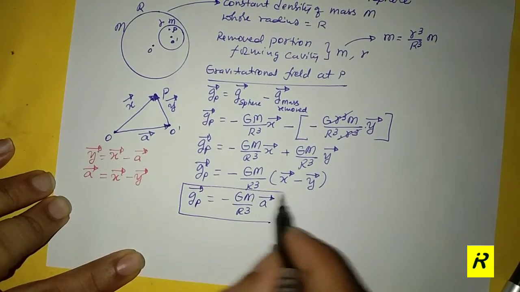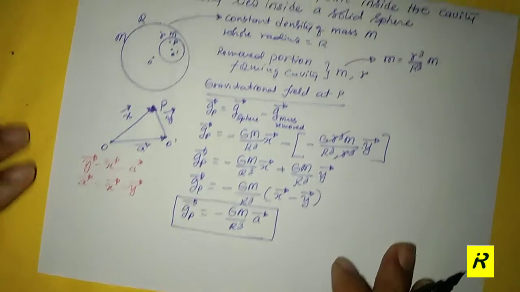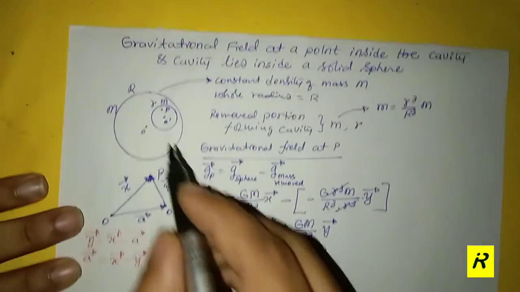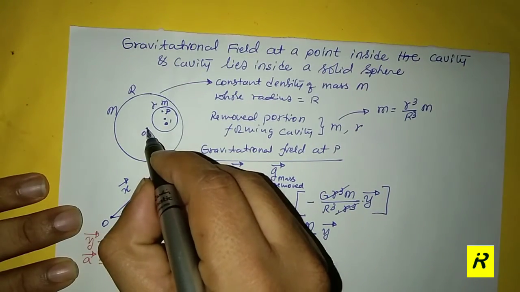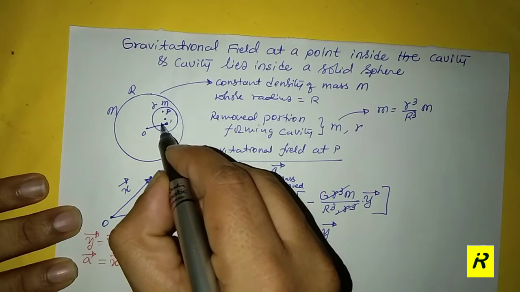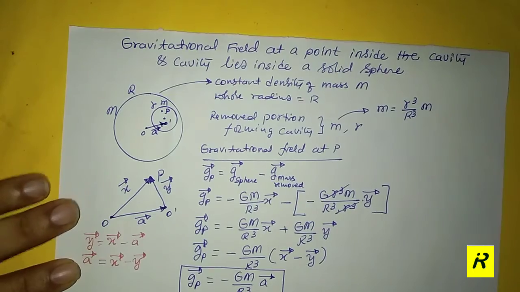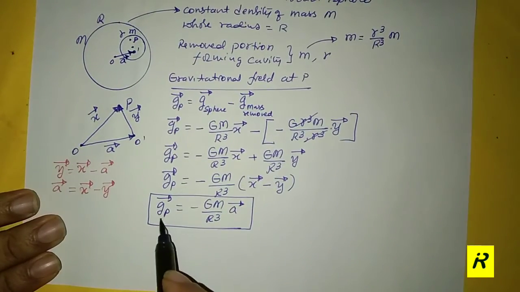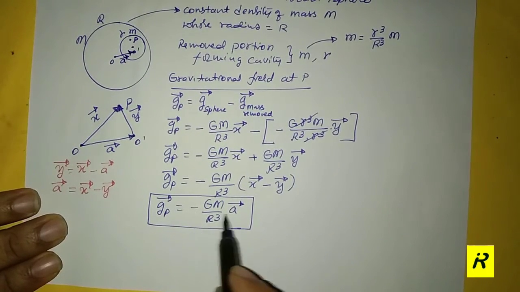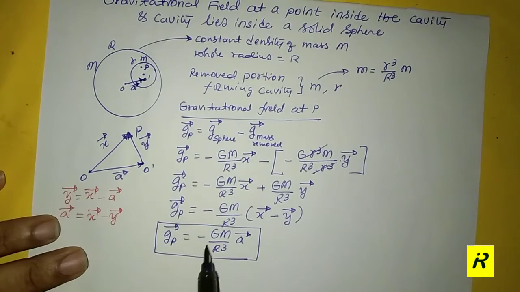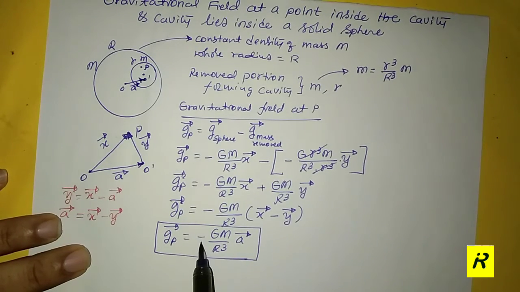So we got a very important result here. See what actually a vector is. A vector is nothing but the vector drawn from this O to this O dash. This is the direction of a vector. Now Gp is acting in the opposite direction of this one, minus a vector. That is, inside this the gravitational field is always, at what direction? Opposite to a vector direction.